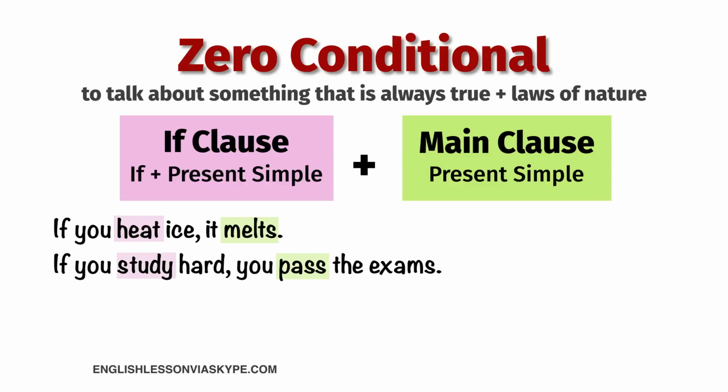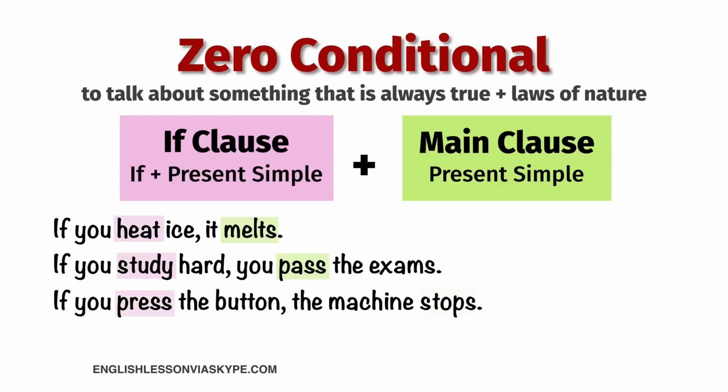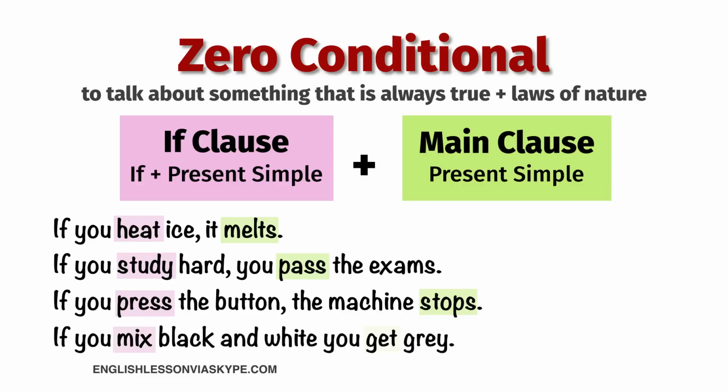If you study hard, generally you pass exams. If you press the button, the machine stops, or indeed starts, depending on which button you press. And if you mix black and white, you get grey, the colour grey. Okay, so they're statements, truisms, or facts, or something about the laws of nature. And that's really how we use the zero conditional.